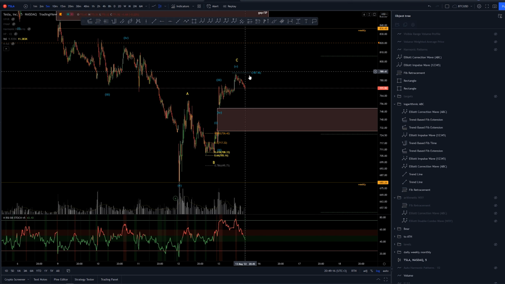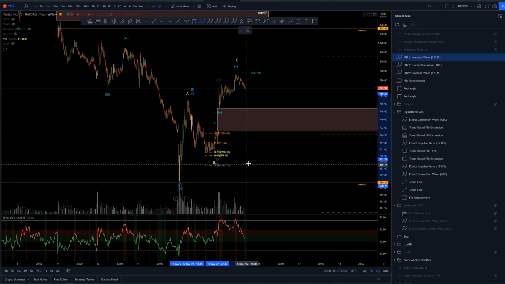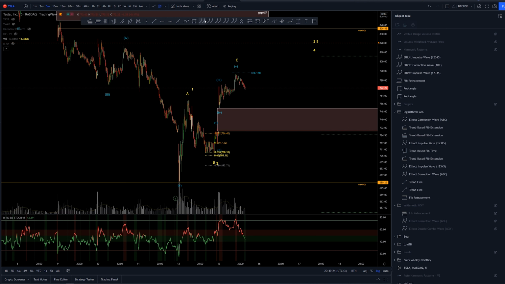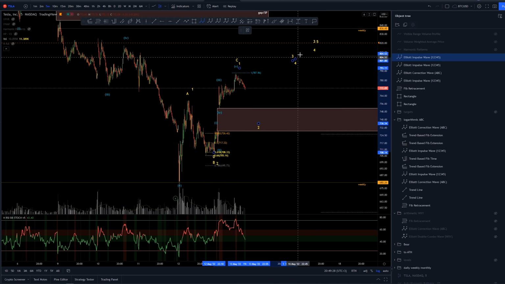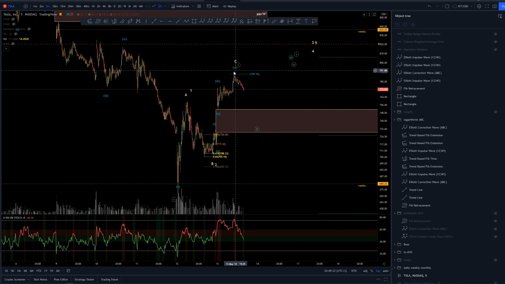But it still can be 1-2, basically a 1-2 here, and let's just put it in minor for now, and this would be another 1-2. But I'm not sure. Need to look at what kind of formation this is before entering the trade.